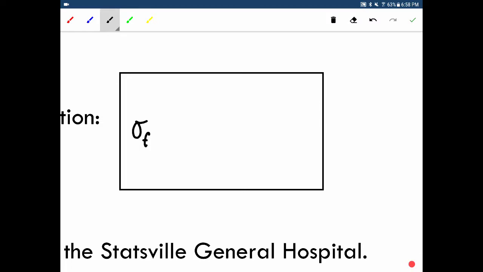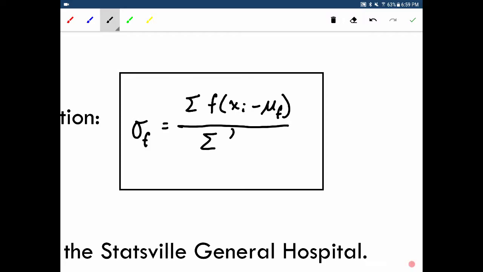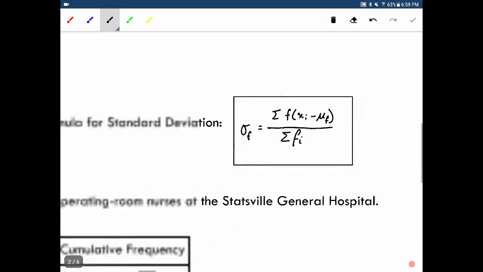So anyway, the standard deviation, which is the new one, what you're going to do is add up the frequency of the deviation, so xi minus the frequency mean, and then divide the whole thing by the sum of the frequencies.